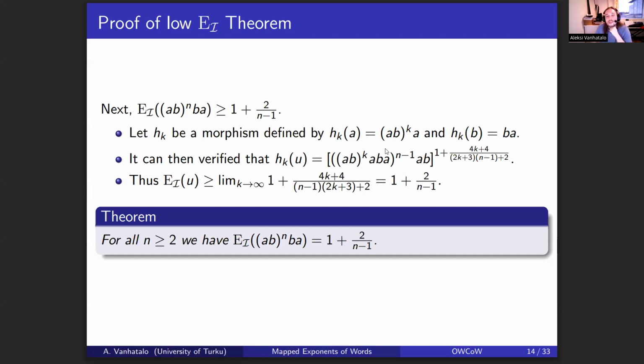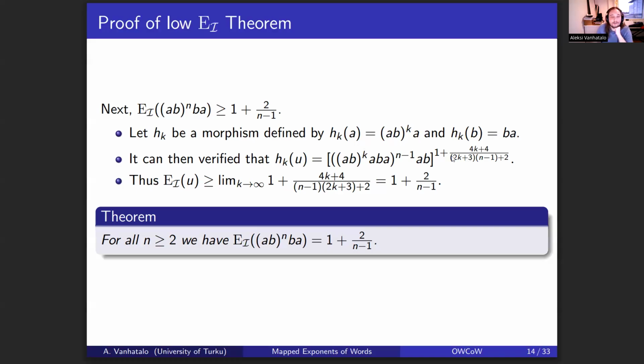But anyway, we map A to repetition of AB k times, and then end with A. And we map B to BA. And then just calculating, if we take our word and map it by this morphism, we get this gnarly looking repetition with this particular exponent.